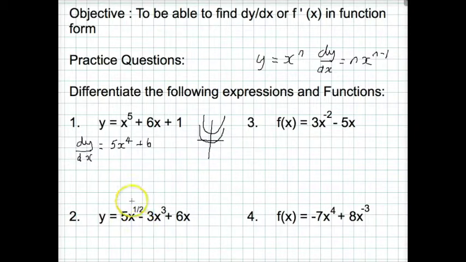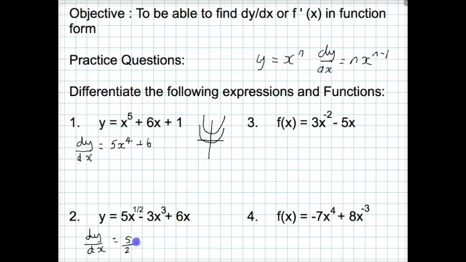Question 2 then. This one has some fractions in it, and some minuses. Same procedure here, dy dx. If we take the half and times it by the 5, that gives us 2.5, which we write as 5 over 2. Keep it as a fraction.